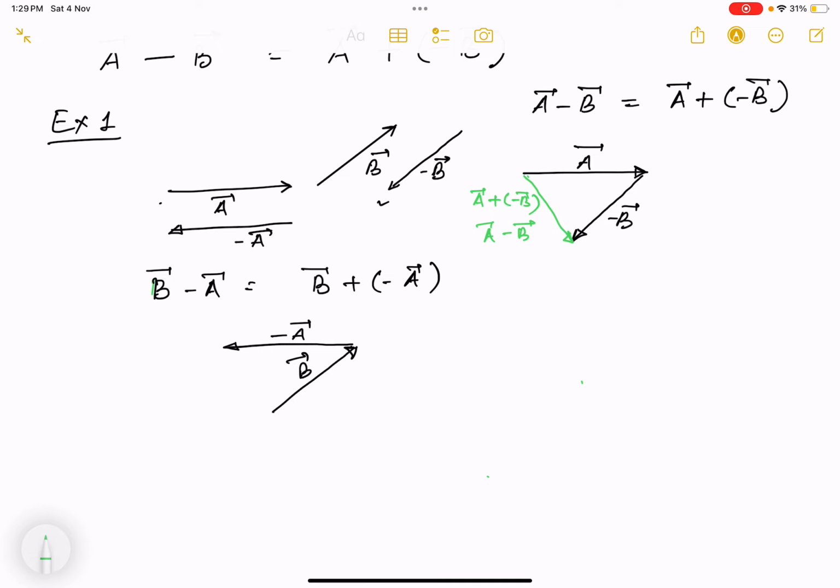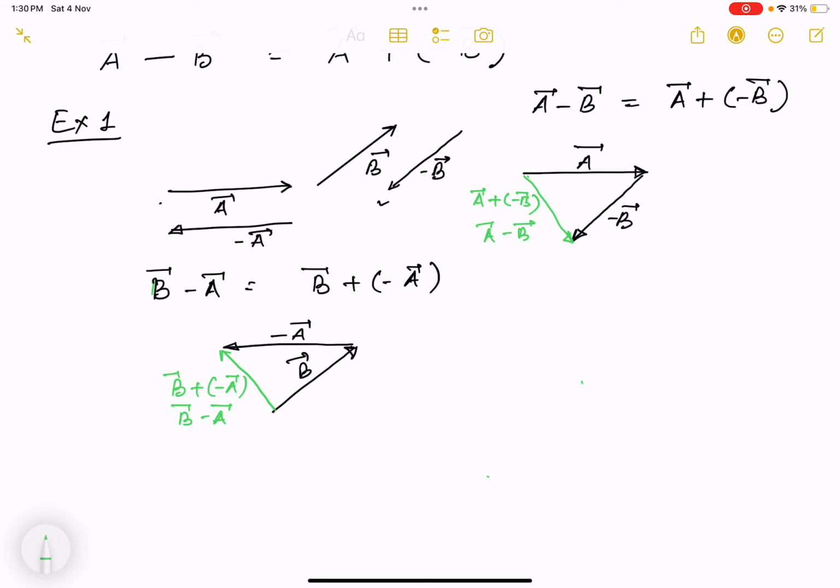From the tail of B to the head of minus A. This will be your resultant. You understand this? This will be your B plus minus A, which is B minus A.